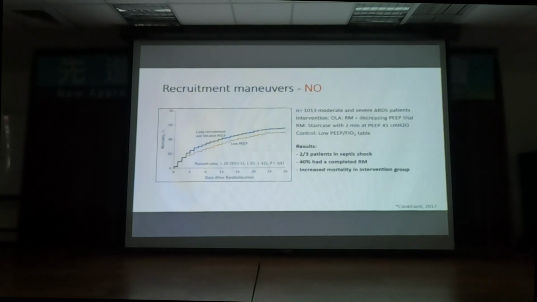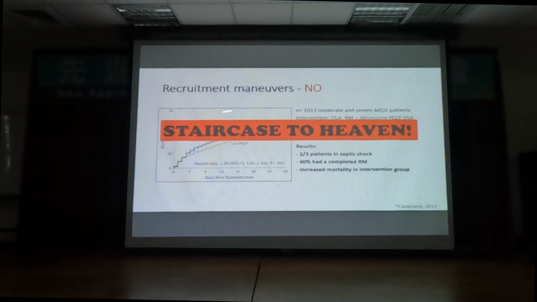And then when patients start dying, they amend the protocol to 35 and 50. Now please raise your hands, how many of you would ever in your life apply 35 or 45 of PEEP and 60 of the upper pressure for lung recruitment? Of course not. Because the only thing that can happen to your patient is he's going to die. And this is why I call this maneuver staircase to heaven. Because this is the only way your patient is going, up there.